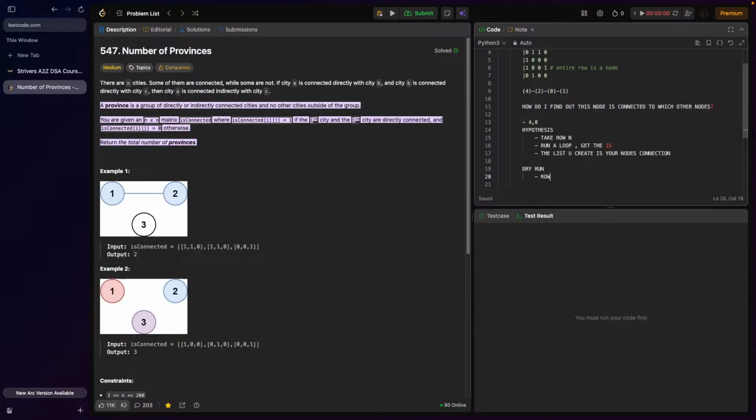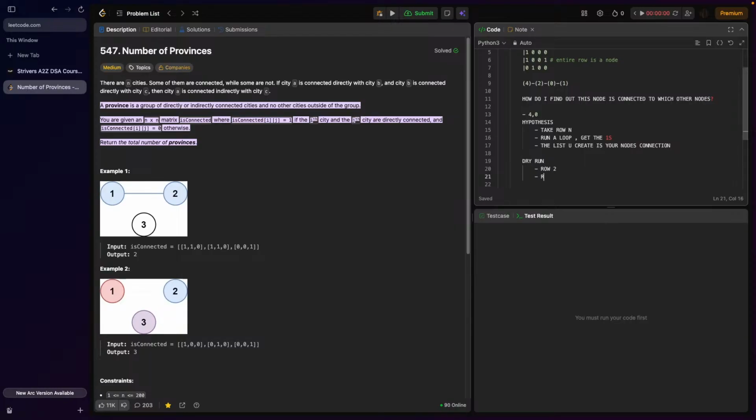I take row 2, I run the loop, I get 0, 3.